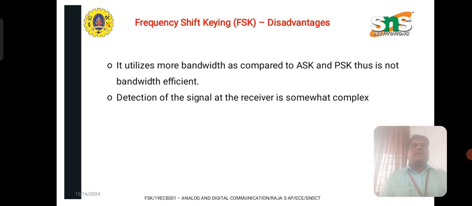That is, 1 means highest frequency, 0 means lowest frequency. Because both bits occupy the bandwidth, the efficiency is reduced. And the detection of the signal at the receiver is somewhat complex. Compared to ASK, in FSK the odd and even sequences are separately handled, so this makes the system more complex.